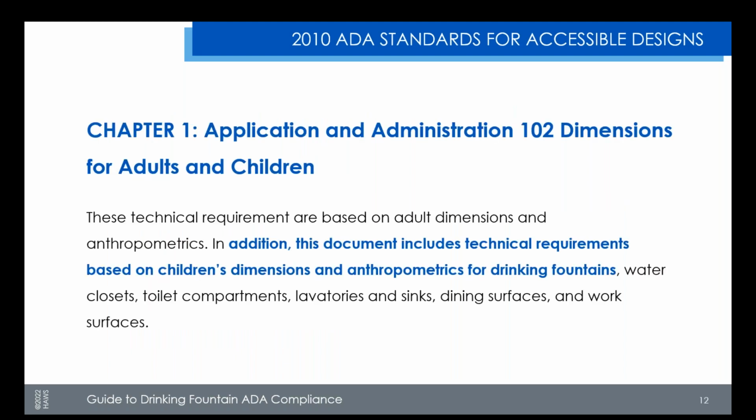Now, Chapter 1, Section 102 just lets us know that this document contains both adult and children's height requirements for fountains and other elements based on average human anthropometrics, which is just measurements and capabilities of the human body. So children are defined as age 12 or younger in the ADA.